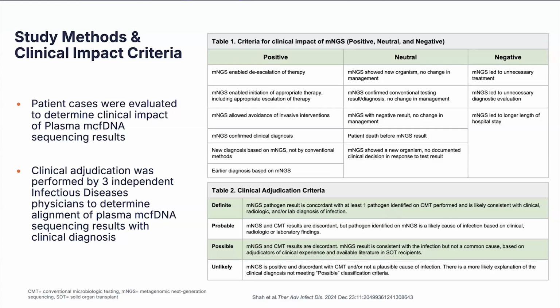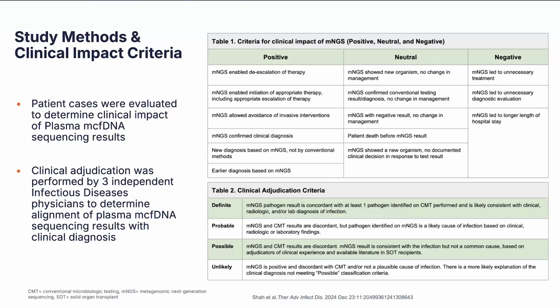One is diagnostics. So a new diagnosis or an early diagnosis or confirmation of a diagnosis that was suggested by CMT but not confirmed by CMT. Then the second is further testing. So either Karius led to focused, appropriate additional diagnostic testing or was helpful in avoiding invasive interventions for diagnostic purposes alone. The third category is change in antimicrobial management.